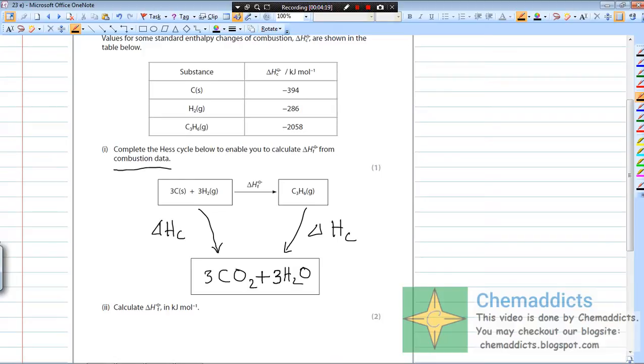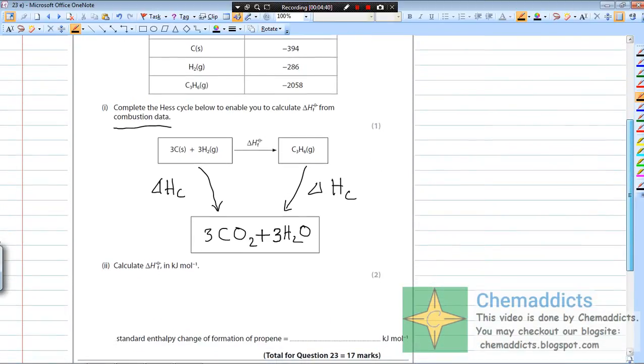The only data given here is the combustion enthalpy. So we just wrote the combustion equation for each reactant and product. That's it. And that is how we are going to solve this. Okay, so that is how the answer should be.